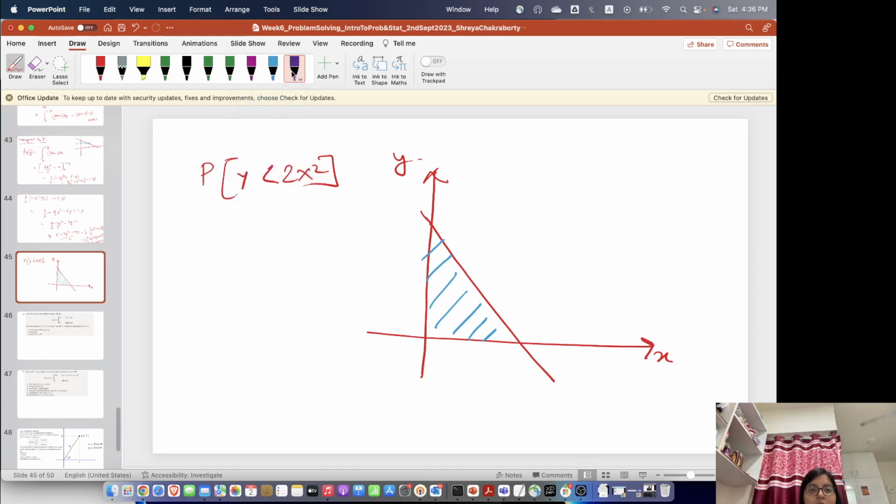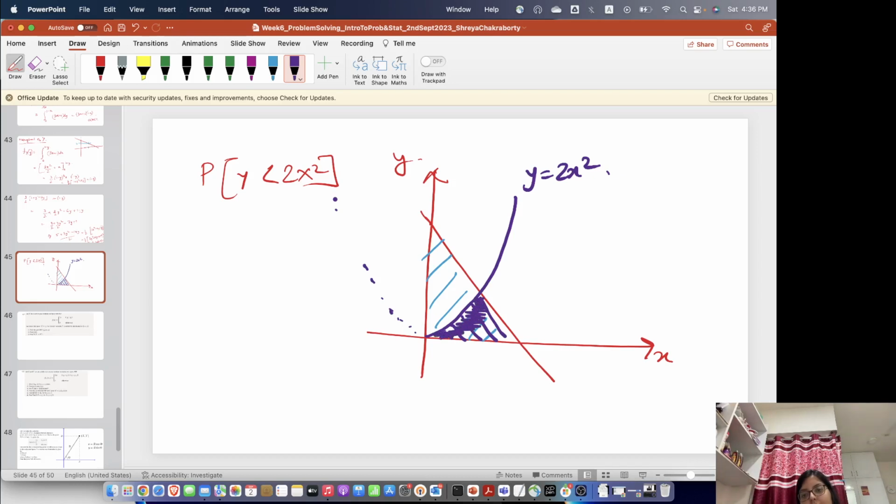Now we have to find out probability that y less than 2x square. So y equal to 2x square is a parabola. So this curve will be something like this. Here also we will have it, but we are not interested in this part. We are only interested in this part. So this will be y equal to 2x square. Okay, so y less than 2x square, then we would be interested in this shaded region.